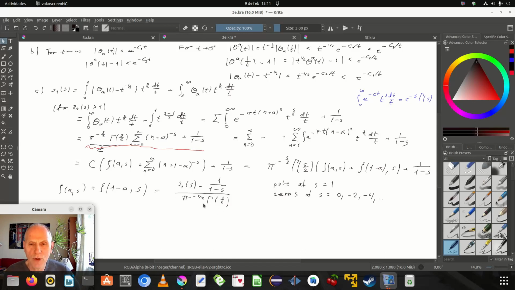This one has a simple pole at s equals 0 as well. So that means that that pole can be removed. So this is actually an entire function.